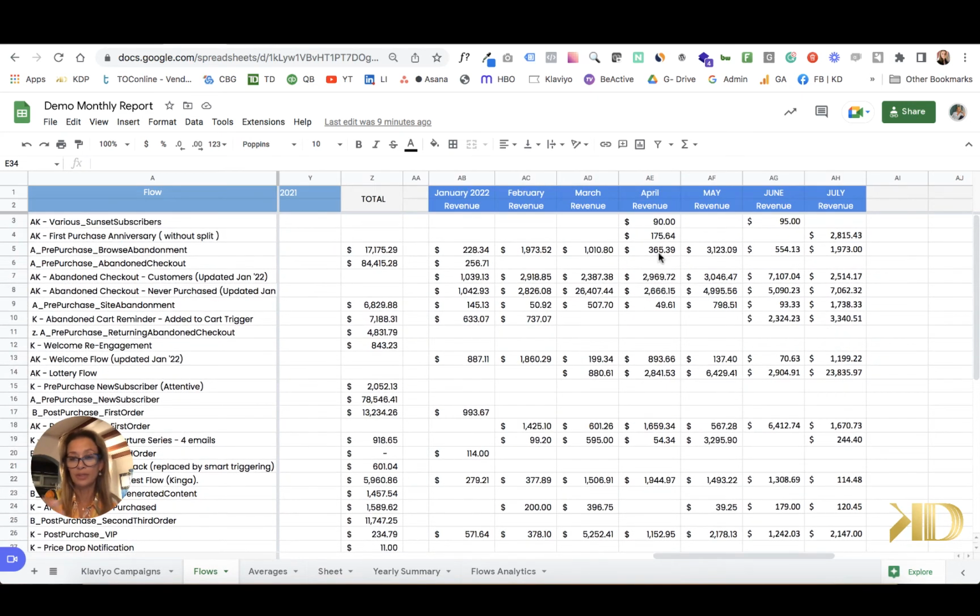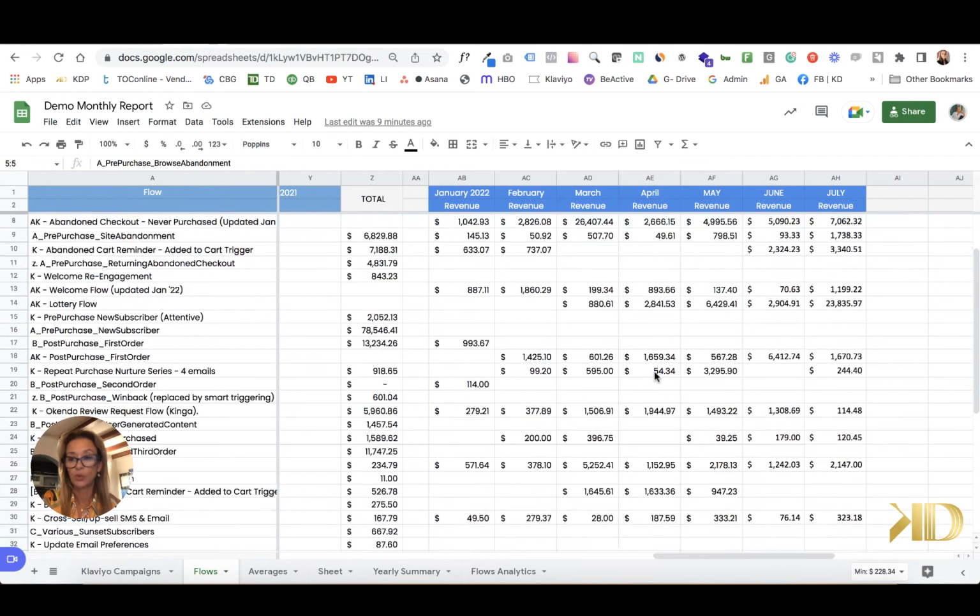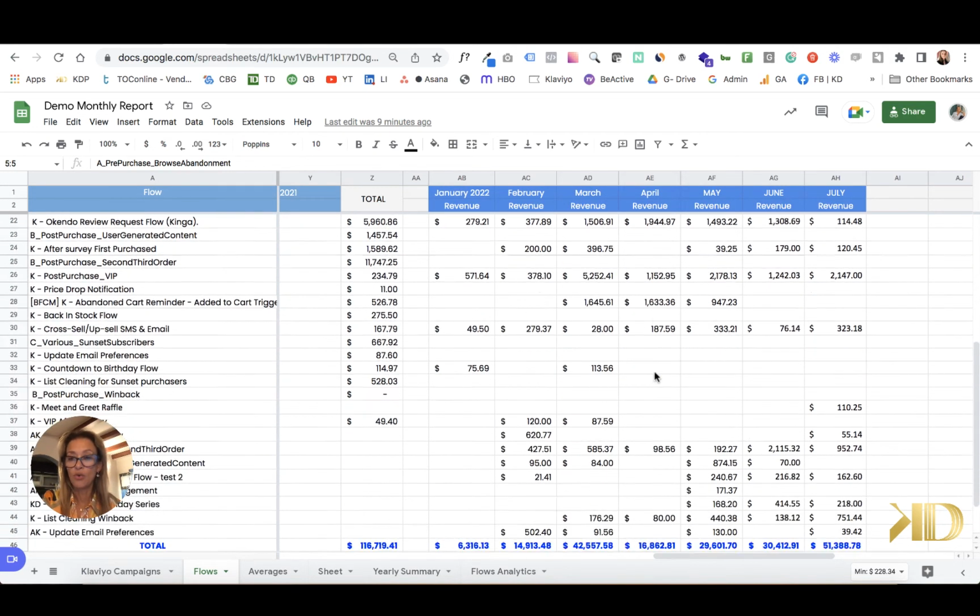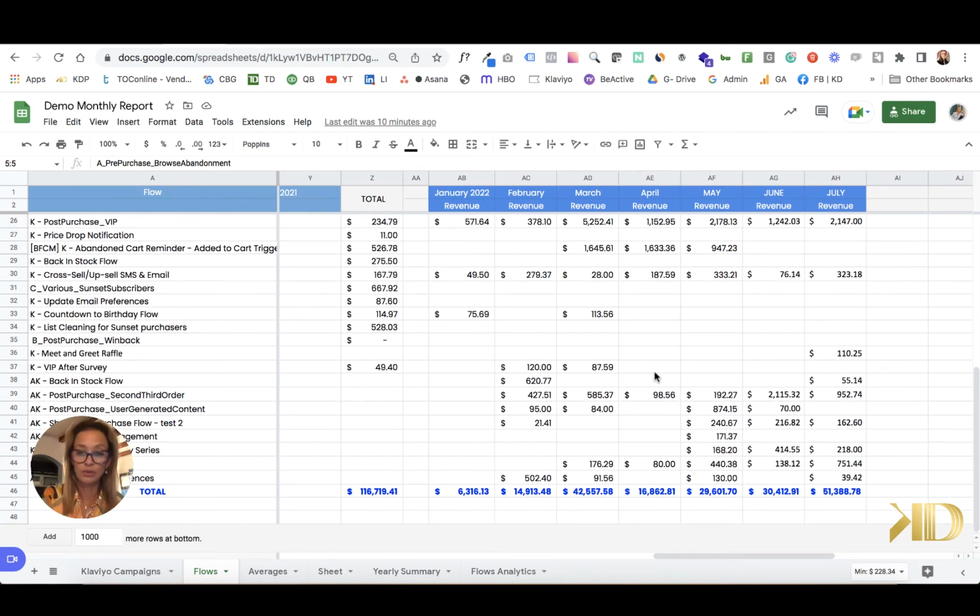With this breakdown here, I feel like it's much easier for me to see and remember whether we did some changes or what's happened, and see which actual flows underperformed. So I can see right here, for example, that my browse abandonment was really low. I then go back and check why browse abandonment was low. What's happened? Did we do any changes? It just gives us more of an idea and understanding of what could be wrong, where we need to concentrate, and what we need to do to make the numbers better.